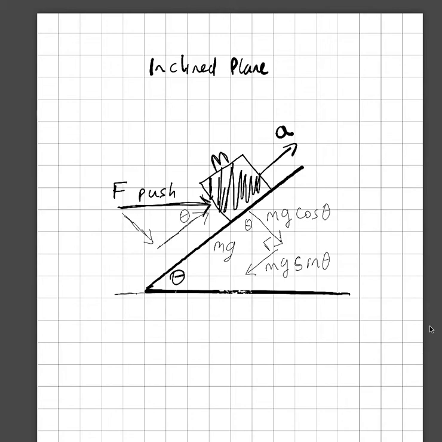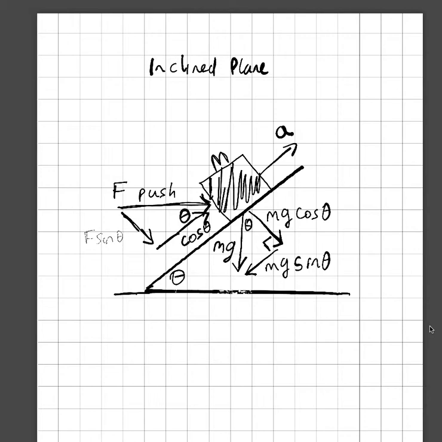So the component parallel to the plane is going to be f cosine of theta, and the component that's perpendicular to the plane is going to be f sine of theta. So you have these two pieces of your push.